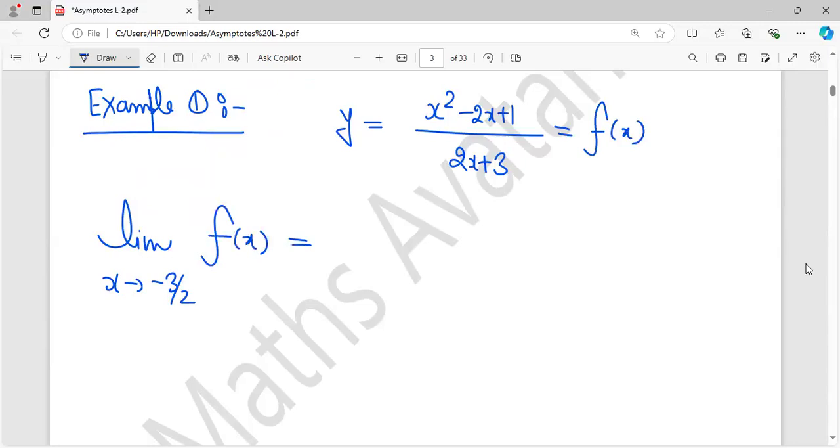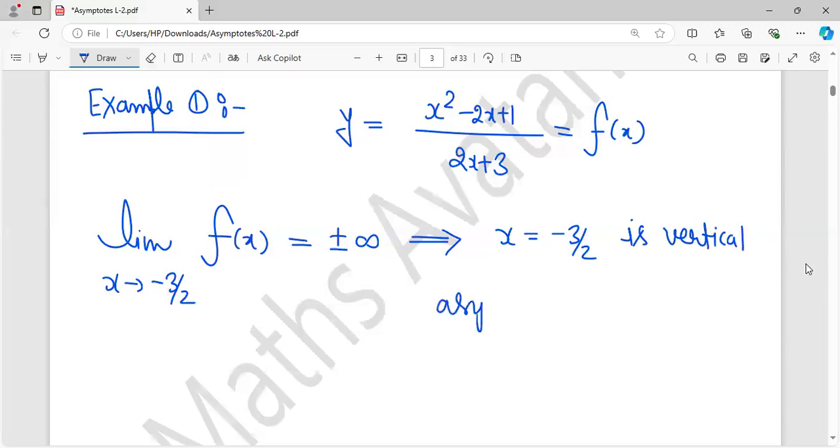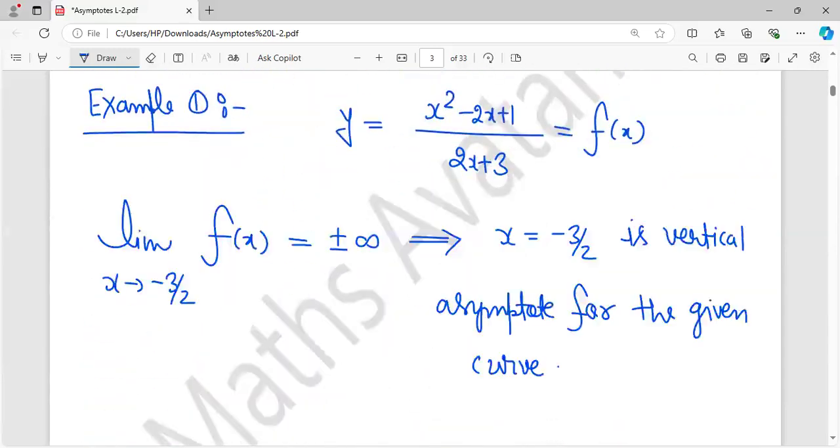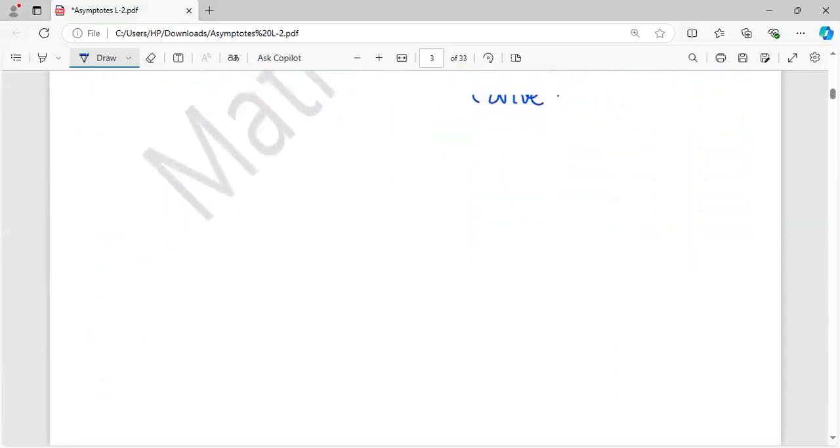This is nothing but plus minus infinity. So this implies x = minus 3 by 2 is a vertical asymptote for the given curve. So vertical we have found.